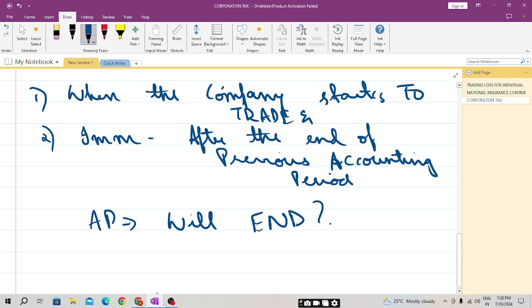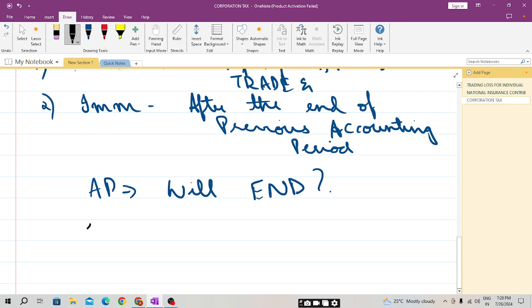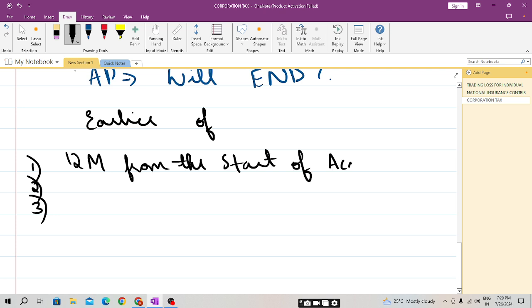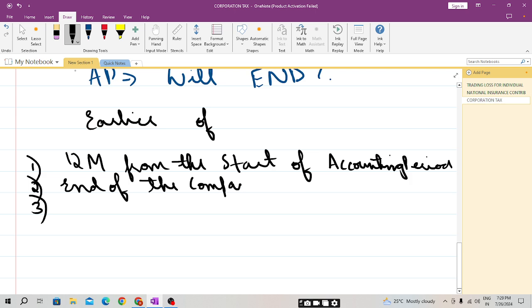The accounting period will end, students, on the earlier of these three dates. The first case is 12 months from the start of the accounting period. The second case was the end of the company's period of account. Period of account means the accounting books are prepared for how many months.